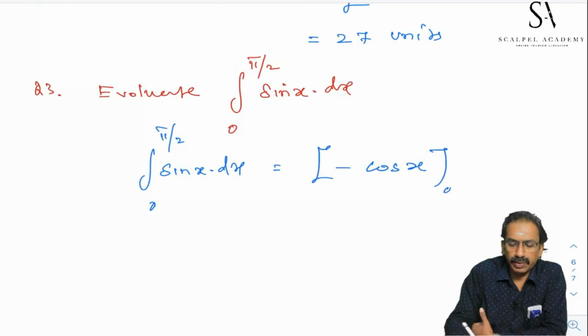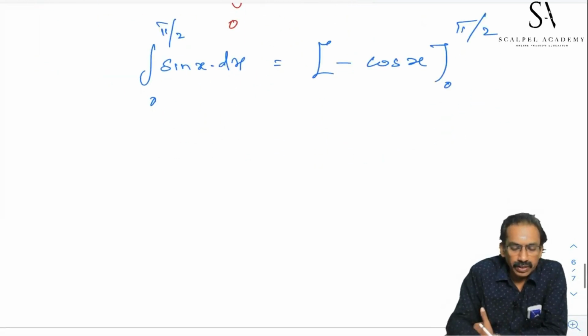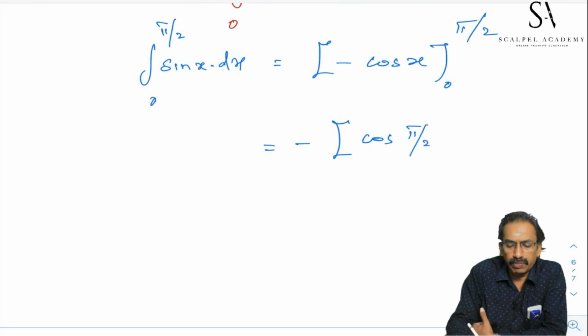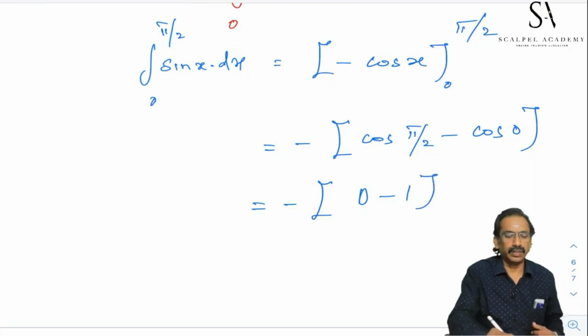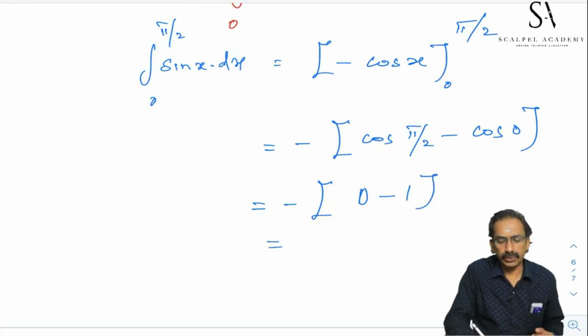You have to apply the limit, upper limit and lower limit. You take the minus outside, then cos pi by 2, upper limit value, minus cos lower limit value, that is minus cos 90 is 0, minus 1, that is equal to plus 1.